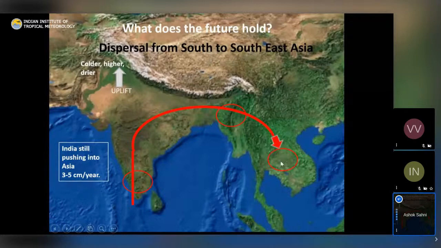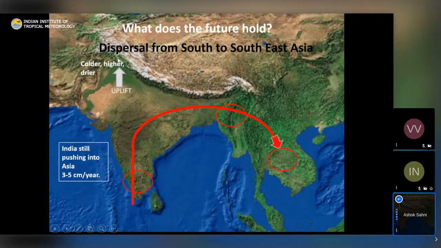If you look at Southeast Asia, 80% of the forest canopy is sal forests, shoria forests. And I showed you that the shoria forest was first recognized as a fossil around 54 million years ago.